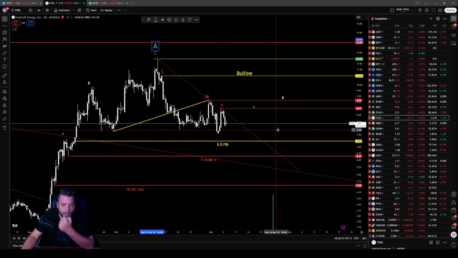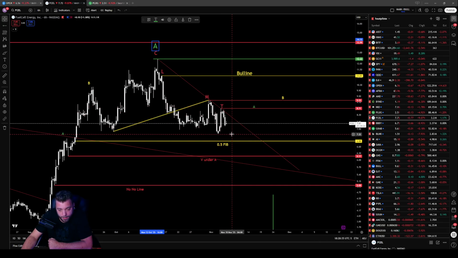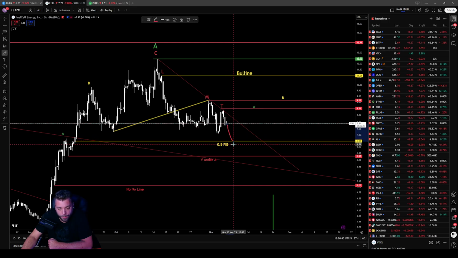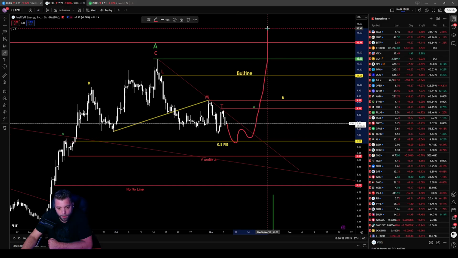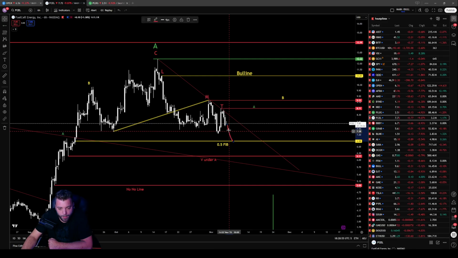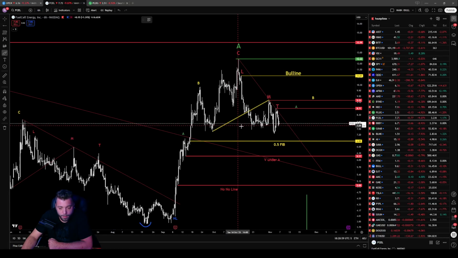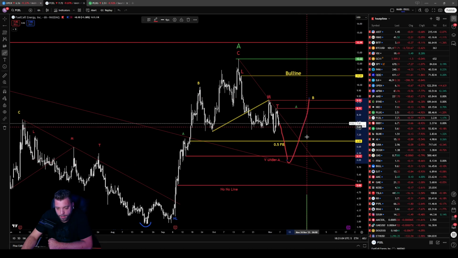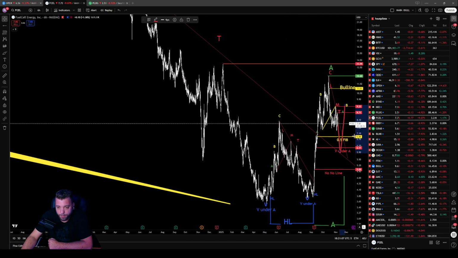Okay. So we clearly rejected it. So if this T is true, we for sure have to do something lower than 728. Your next target is the 0.5 at 687. You can break a little bit on that. This would be then your V, high, low, and you go. If you're really breaking the 0.5, you just do the V under A, and most likely just the breakout retest from this 4-year trend line.